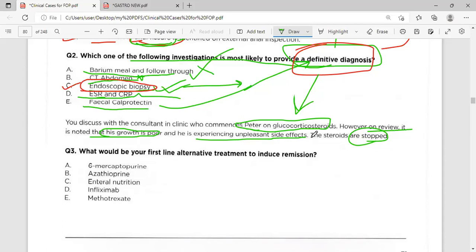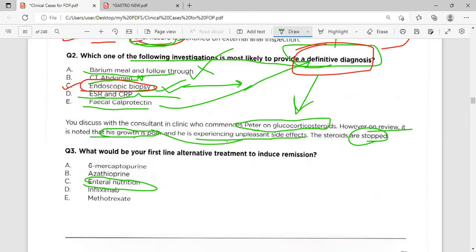If the patient is not responding or is having adverse effects, like poor growth and unpleasant side effects, you can go for enteral nutrition. Even after that, if the patient does not respond, then you can go for methotrexate, infliximab, 5-aminosalicylic acid, azathioprine and all that.